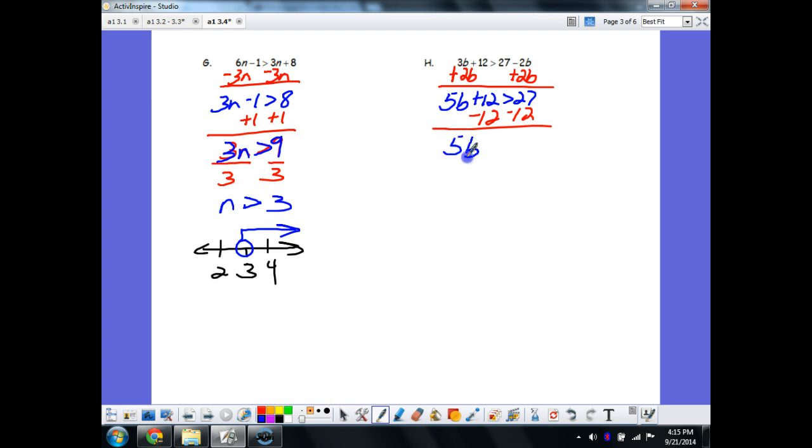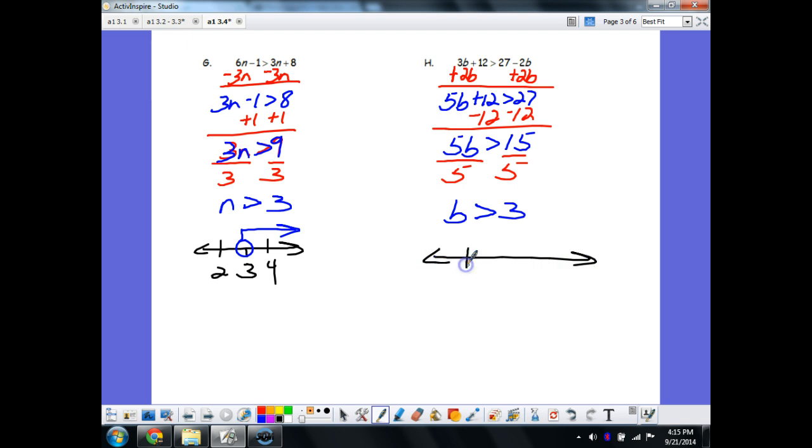Therefore, 5b is greater than 15. Then we divide by 5. Since we divide both sides by a positive value, the inequality does not change, and we're left with b is greater than 3, just like we had over here.